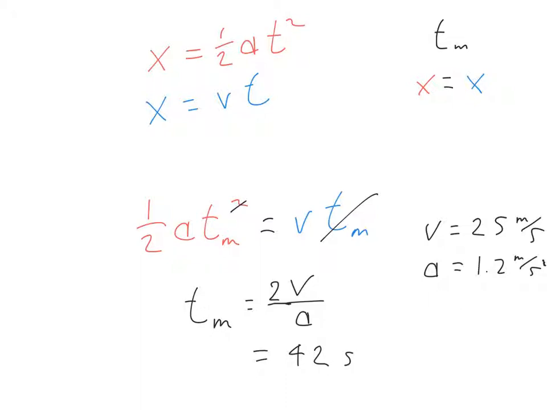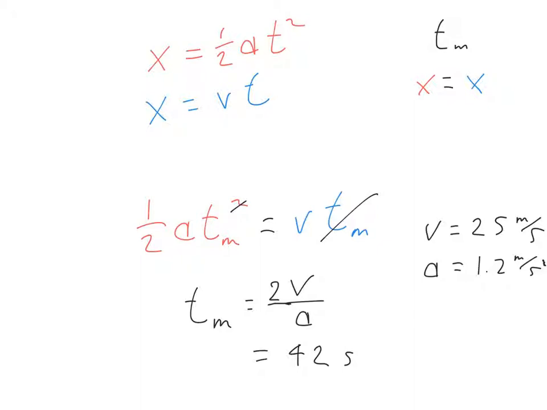And using 42 rather than more decimals just because of significant digits. Okay, so that's a fair bit of time, but that is a relatively small acceleration. Notice that if we had a larger a, then the time would have been smaller, which makes sense. If the velocity of the first car were larger, then it would take an even longer time for the two to meet. That can also make sense.